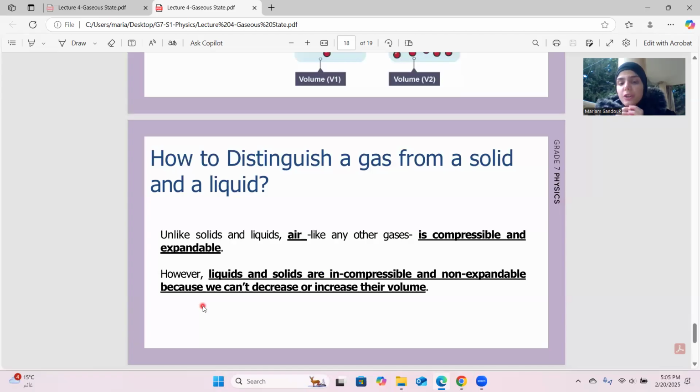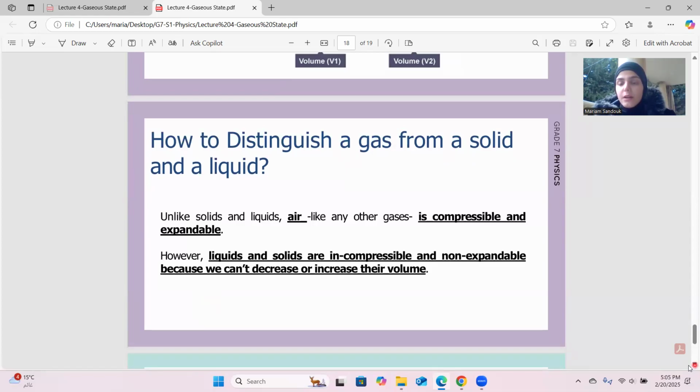We cannot change their volumes, so they are neither compressed nor expanded. Both solids and liquids are incompressible and non-expandable because both have definite volume. However, gases have no definite volume, so we can increase or decrease their volume. Thus, they can be compressed or expanded.